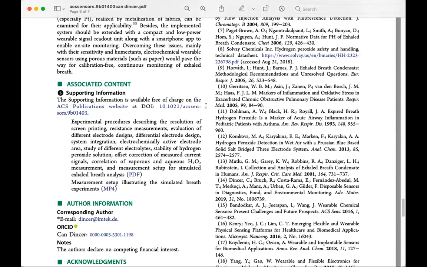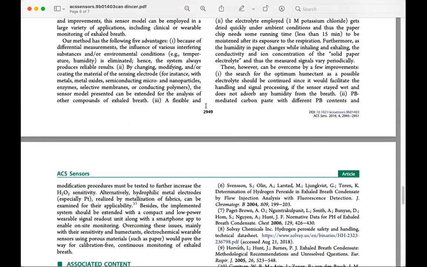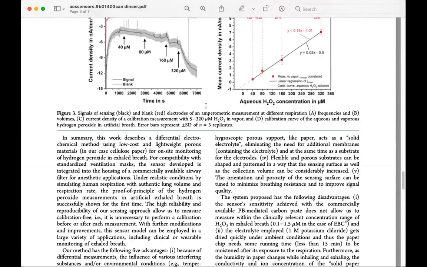You can also read other open access journals. There are a lot of open access journals, so I'll be sharing another simple paper of mine.